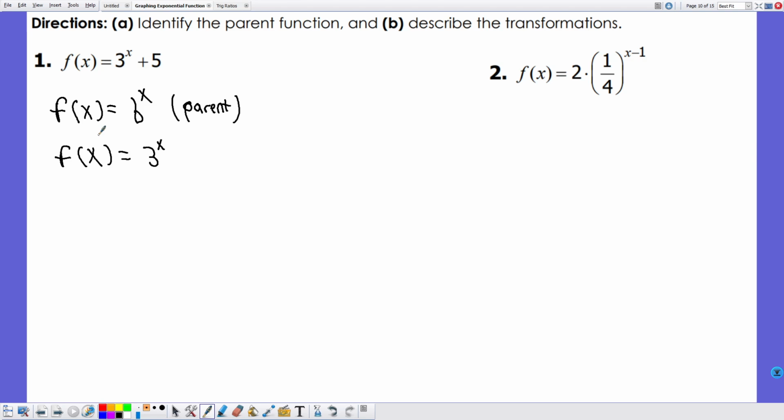The only thing we have altered in this new function is we're adding 5. So that's part A. For part B, since we're adding 5 on the outside, it's a k value, which means we're going up 5.